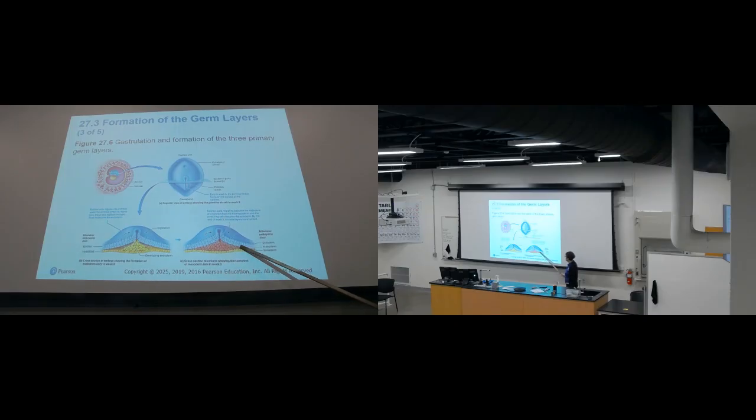So then you end up with ectoderm outside, mesoderm in the middle, and endoderm inside. As this happens, there is going to be folding internally. The cells will make this migration, and then you will form a tube.